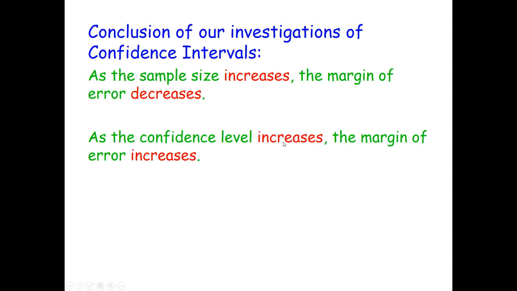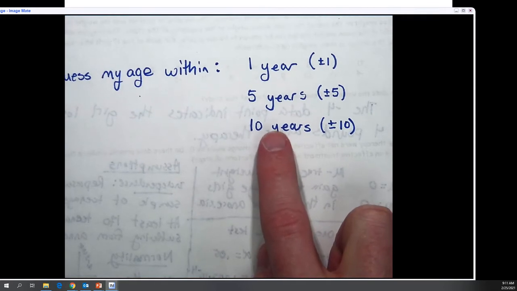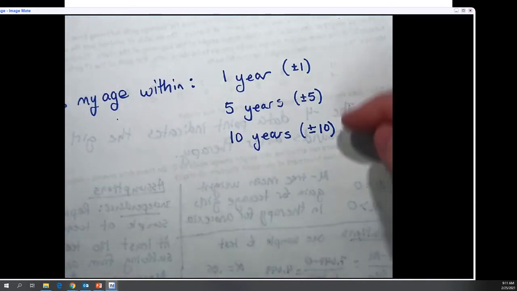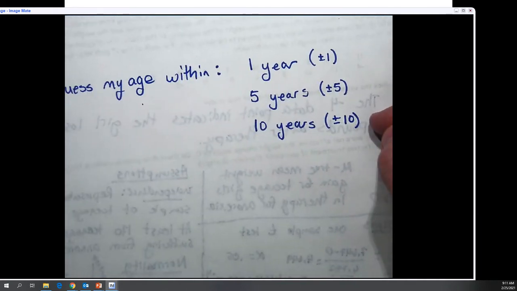As you increase your confidence level, the margin of error increases. And I'll remind you about this right here. You'd be most confident in the widest interval. If you want to be more confident, you have to increase the size of your interval.